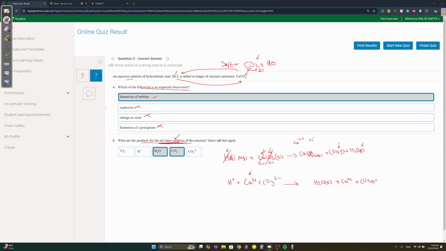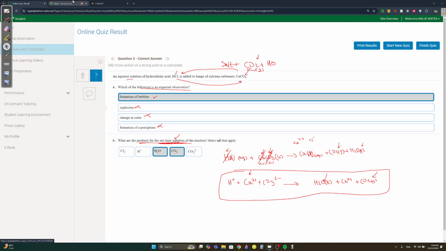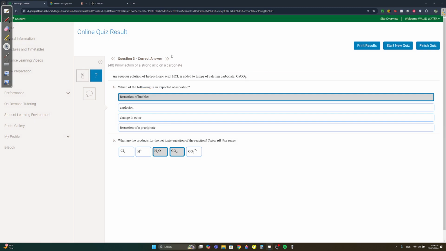So I finish hydrogen, I finish Ca, I finish CO3. This is your net ionic. What are the products? H2O, CO2. Did they say Ca2+? No. If they had the option, then you can put it. By the way, Ca2+ and CO3 can be written as CaCO3. I should have written it as CaCO3, but that's not the point.